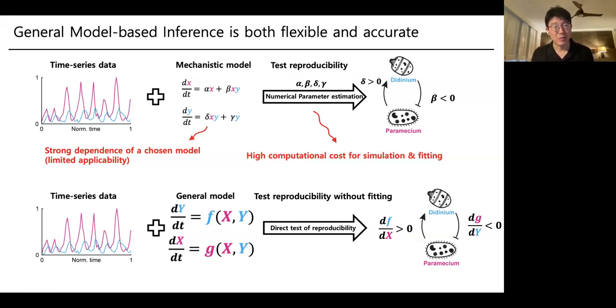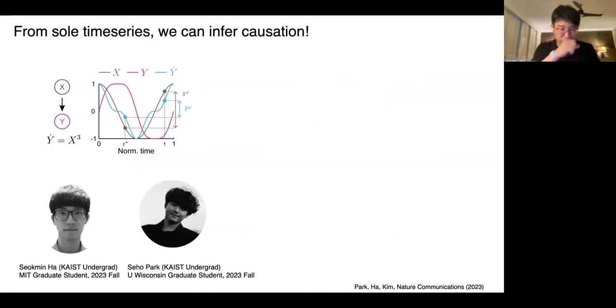So let me explain what this general model-based inference is. This work is done with my previous two talented undergraduate students, Sungmin Ha and Seo Park, who are graduate students now at MIT and Wisconsin from last fall.